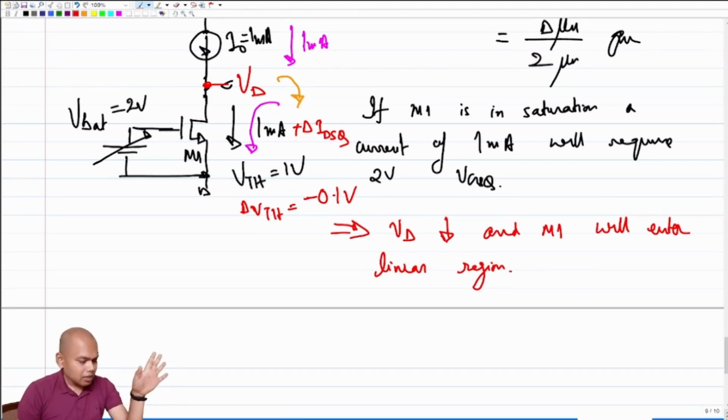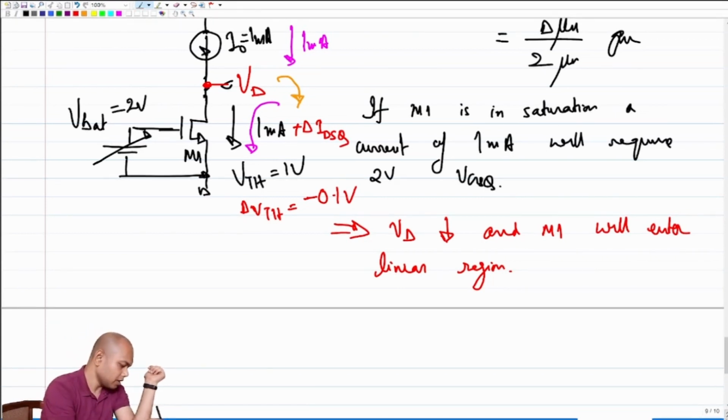So naturally all your good properties of a transistor are gone simply because the threshold voltage changed by a certain amount. Okay.